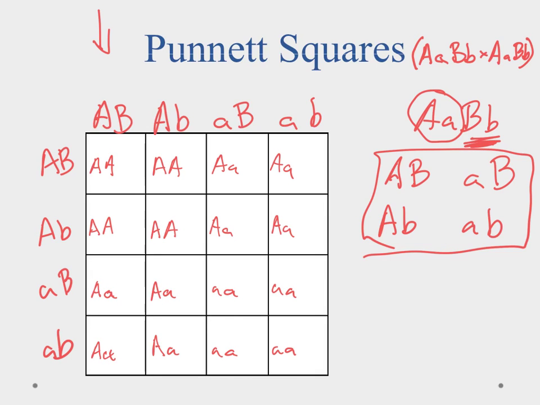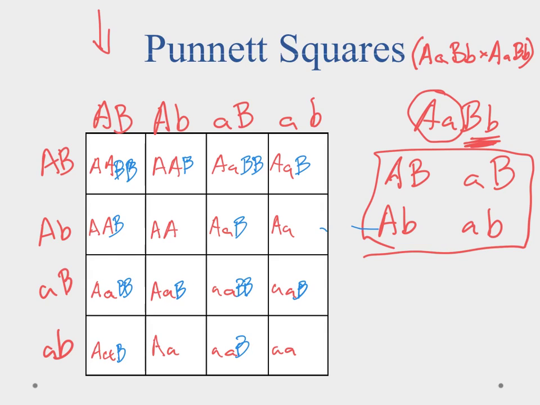Now we move to the B's and we do the exact same thing. So capital B's going down, and we have these two columns. There we go. And then we do our capital B's going across. There we go.